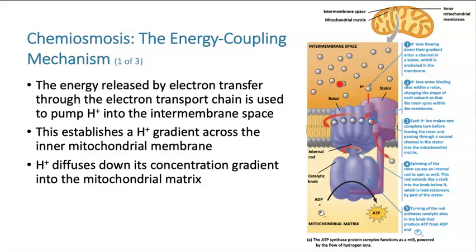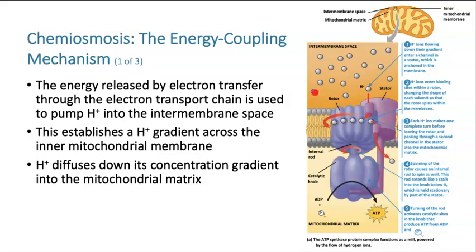These are all protons. Those protons are pushed into the intermembrane space by the movement of those electrons, and they are allowed to move through this structure here called ATP synthase. We've established a gradient, lots and lots of protons here, not many protons here.